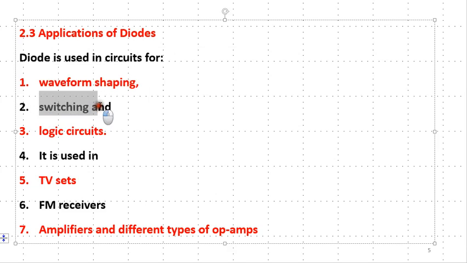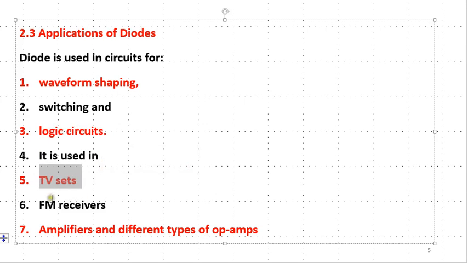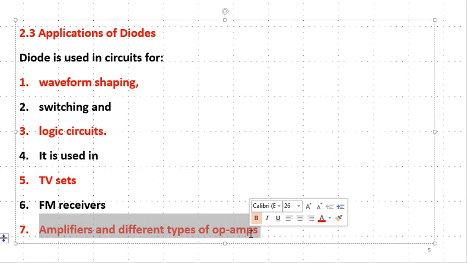And also we use it for switching, that is, on and off systems. We also use diodes in logic circuits, that is, in digital electronic systems. It is also used in television sets and FM receivers. It is used in amplifiers of different types, and these amplifiers can be of radio frequency or audio frequency.